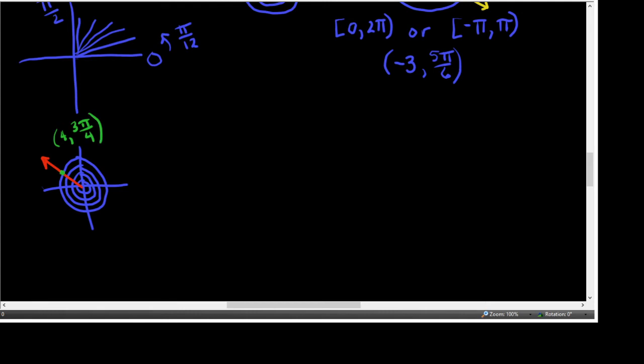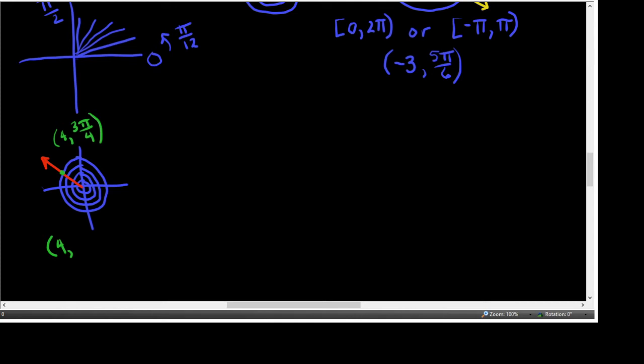We're supposed to write two other pairs of polar coordinates for each point, one where r is positive and one where r is negative. So let's go ahead and do that before we go to the other point that we're working with. So if I want a positive r like it is to begin with, I'm going to keep the 4 positive. I need a coterminal angle with 3 pi over 4. You can add 2 pi, subtract 2 pi, add 4 pi, subtract 4 pi, infinitely many things you could do.